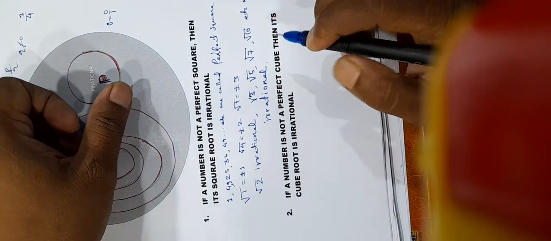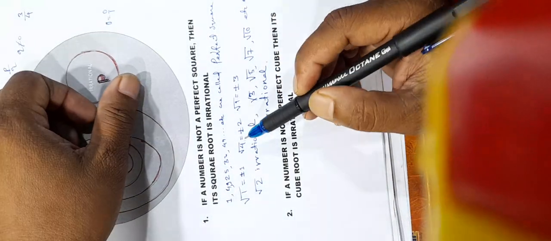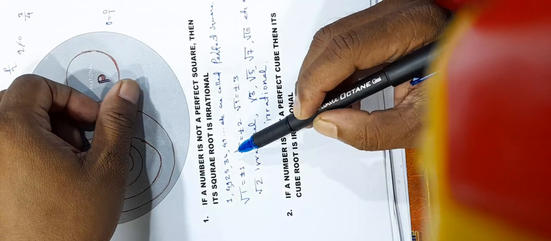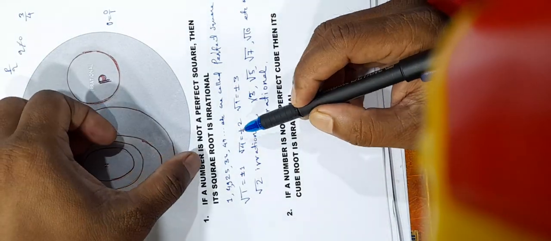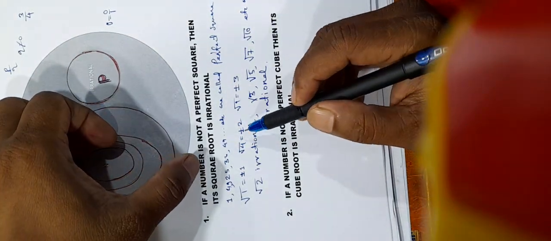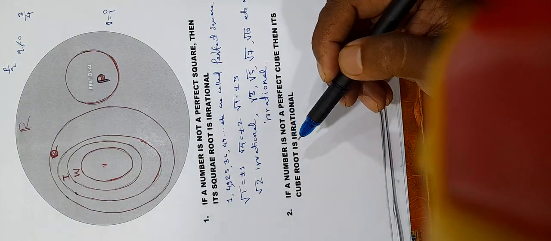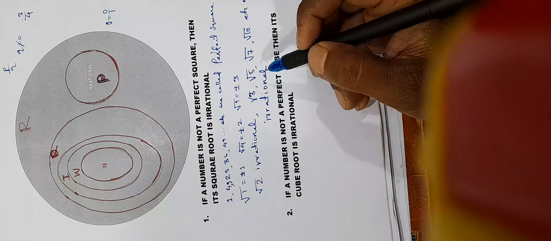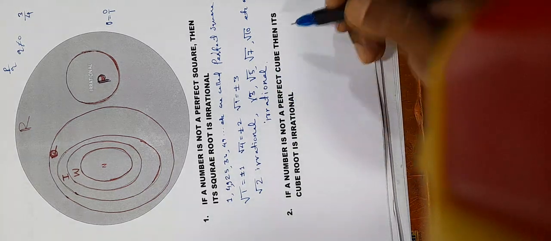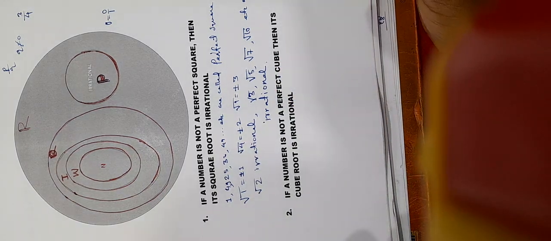So if you find a number is a perfect square, then the square root of those numbers are rational numbers. But if you find a number is not a perfect square, then its square root is also irrational.